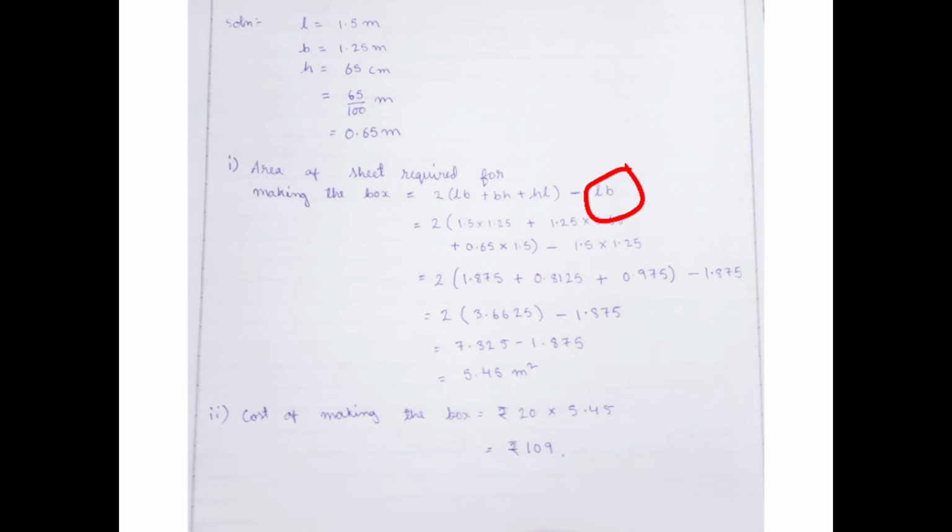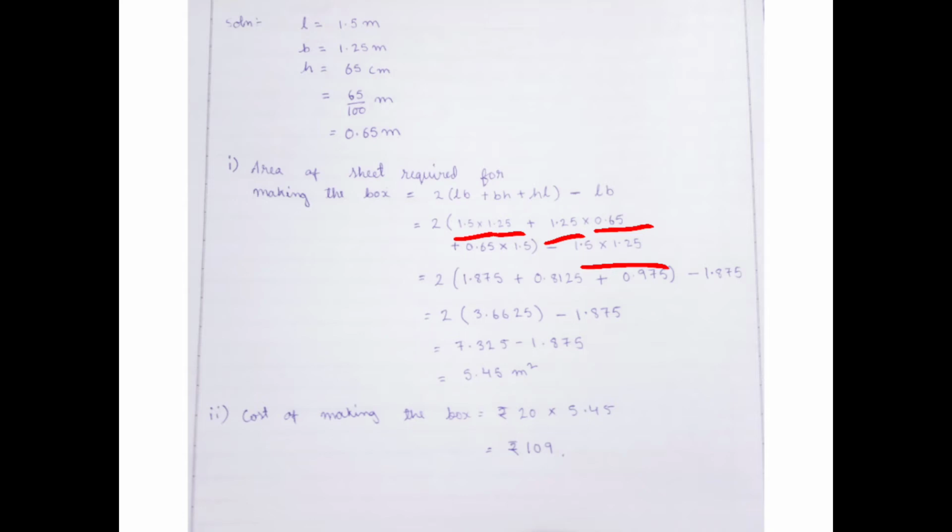Got it? Now if you put the values, 2 into, length is 1.5 meter, and breadth is 1.25. So 2 into length breadth plus, similarly, breadth is 1.25 and height is 0.65, so breadth height plus height length. Just put the values, close the bracket, minus, again length breadth is given, so 1.5 into 1.25.